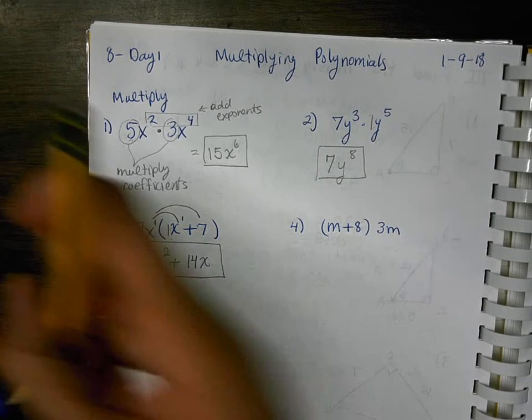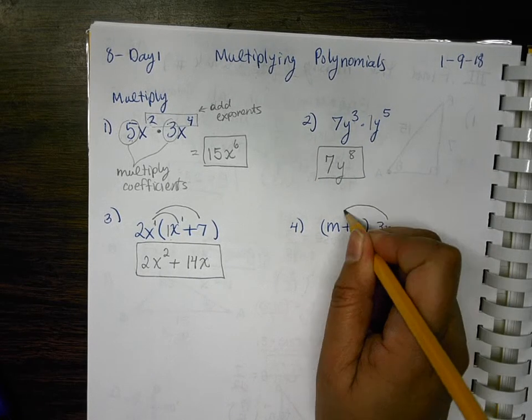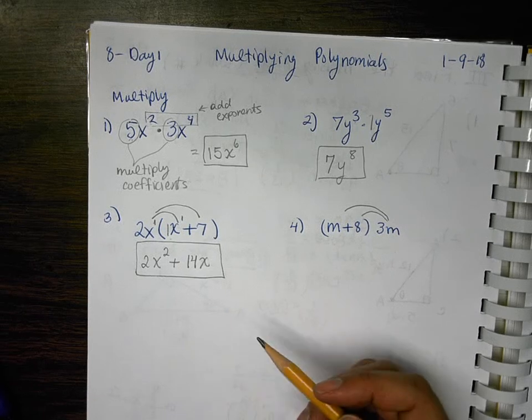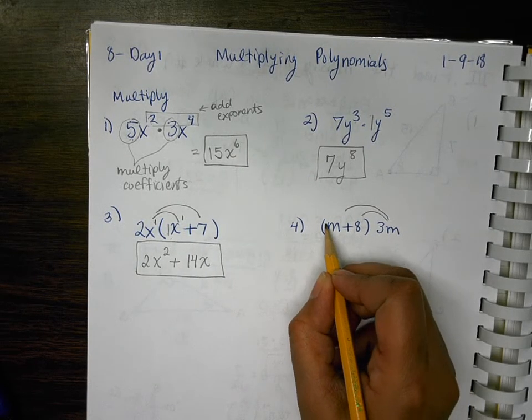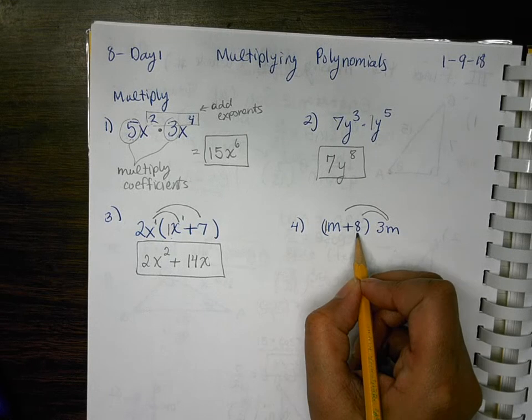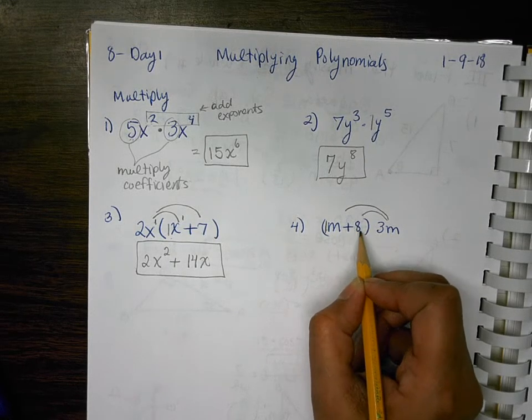No. Are we still going to do distribution? Yes. Okay, what I suggest you do first is keep track of your coefficients and your exponents. What's the coefficient here that I don't see? And what's the coefficient here? Right here? 8. This is 8, right? It's just 8 by itself.